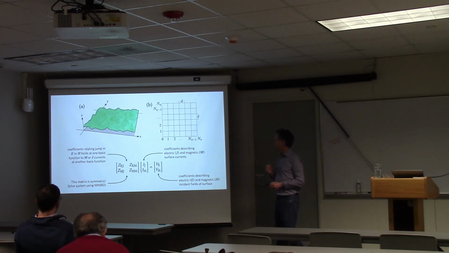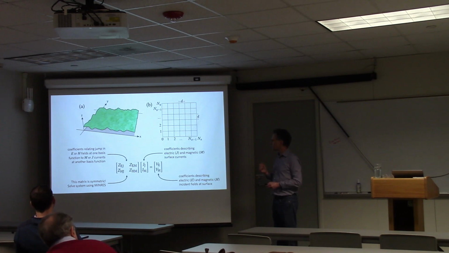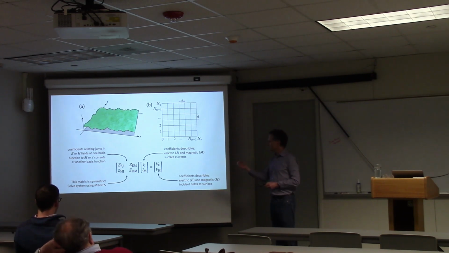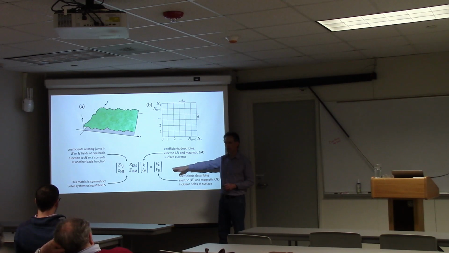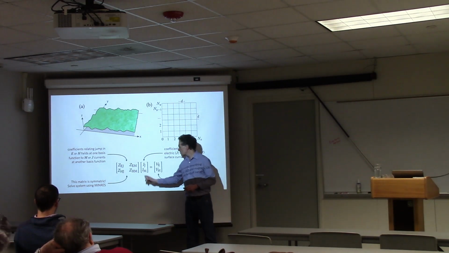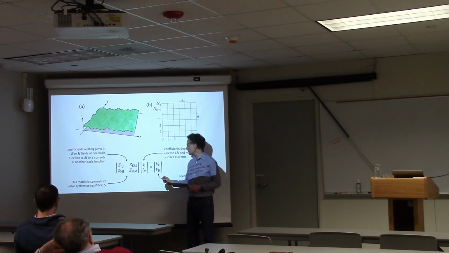So let me just give you a quick sketch of how the clever part of this works. In order to do this, I'm going to have to open up the box just a little bit more. So this is the Ax = b that we need to solve for the boundary element method. I have an unknown vector, which is coefficients for surface currents.